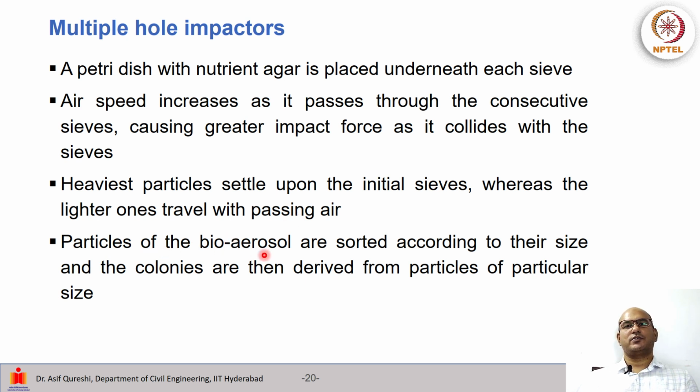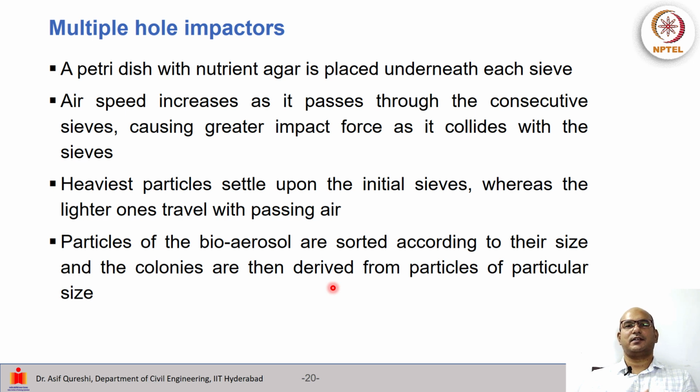Because of this, the particles of the bioaerosols are sorted according to their sizes, and then the colonies are derived from these particles of a particular size. So in this way, we can do our colony analysis by size of the sieve also.